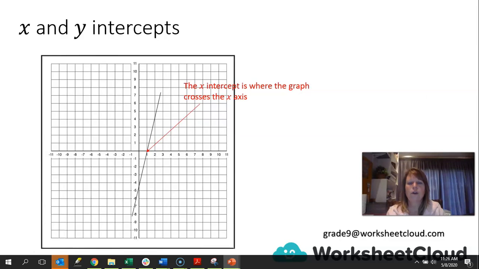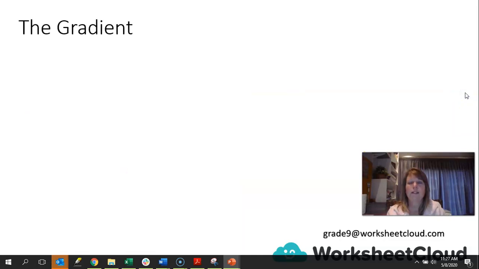There you can see where it crosses the x-axis is the x-intercept, and where it crosses the y-axis is the y-intercept. And where the two axes cross is called the origin, or the point of origin. Again, where it crosses the x-axis is the x-intercept. Where it crosses the y-axis is the y-intercept. And this point is going to become quite important for us.